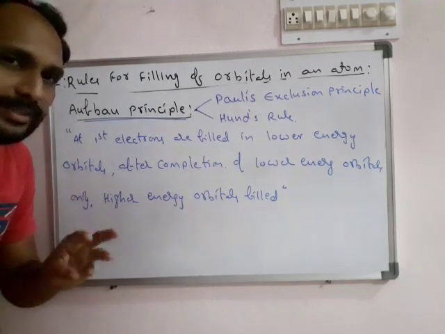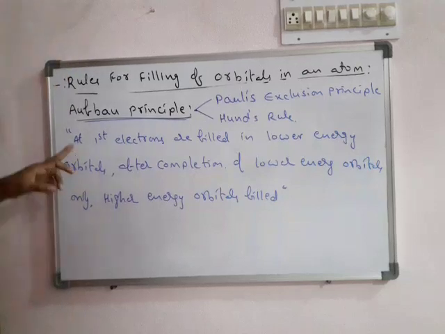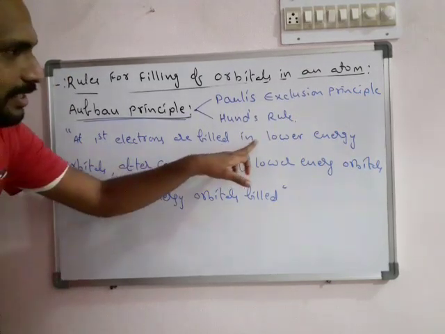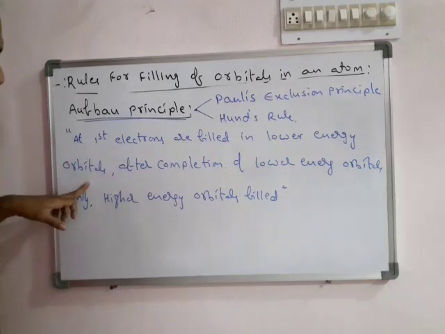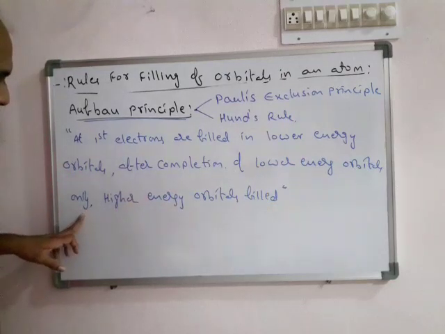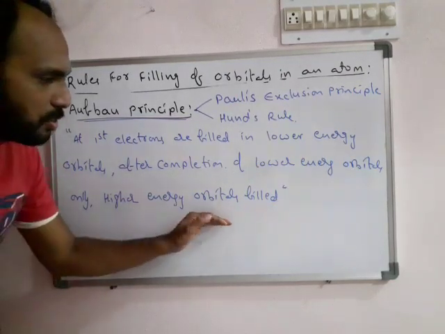If more than 1 orbital is present, at first electrons are filled in lower energy orbitals. After completion of the lower energy orbitals only, higher energy orbitals will be filled.